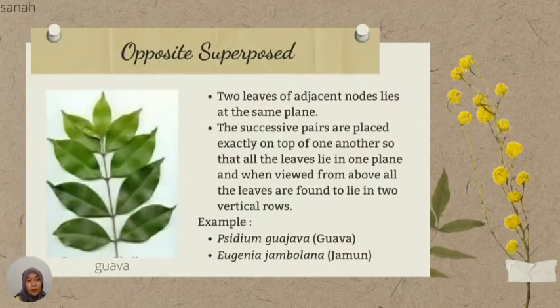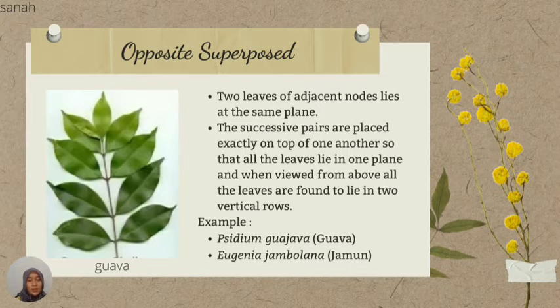The next type of opposite phyllotaxy is opposite superposed. In this arrangement, two leaves of adjacent nodes lie in the same plane. The successive pairs are placed exactly on top of one another so that all the leaves lie in one plane, and when viewed from above, all the leaves are found to lie in two vertical rows. It differs from the decussate one.